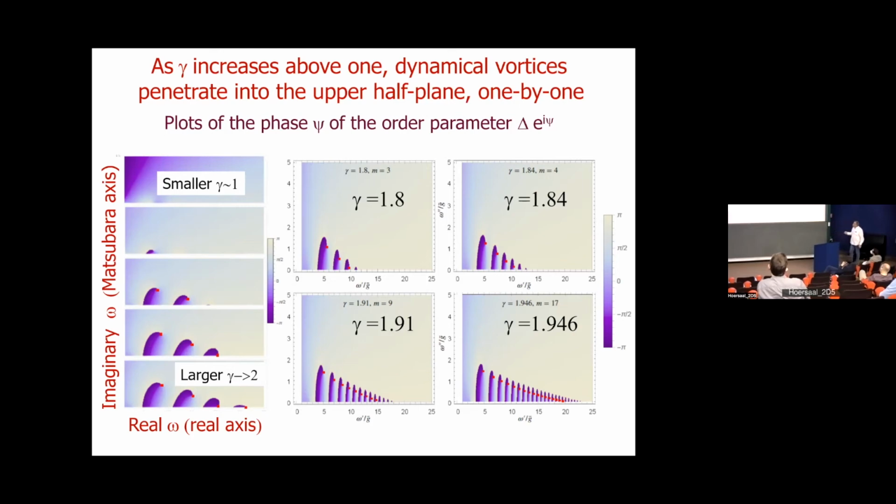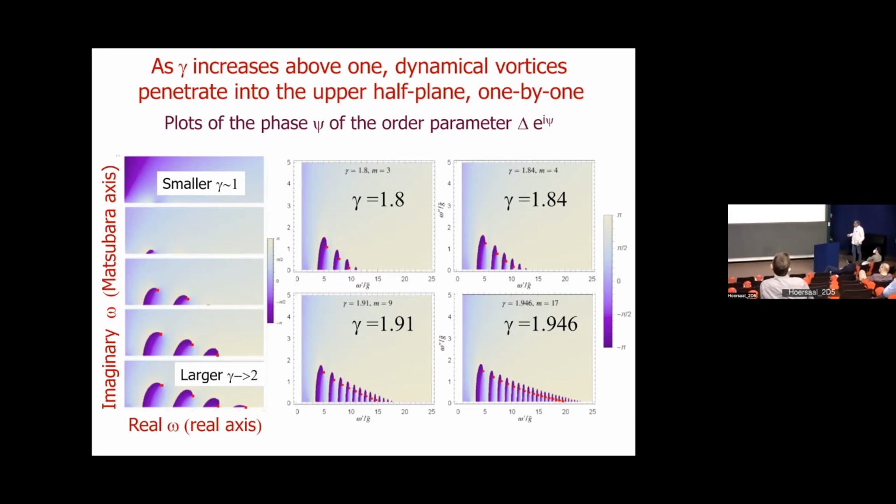As gamma increases, you start with smaller gamma. And the color here is color of the phase. And the red dots, which you see here, are the vortices. Vortices are the point where modulus of the gap goes to 0, and the phase is undetermined. And if you take a circle around the point with no matter how small radius, your phase winds up by 2 pi.